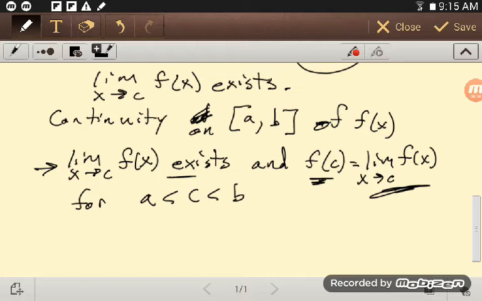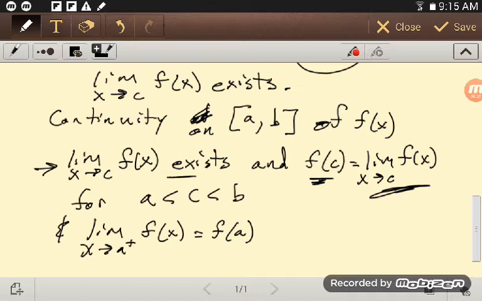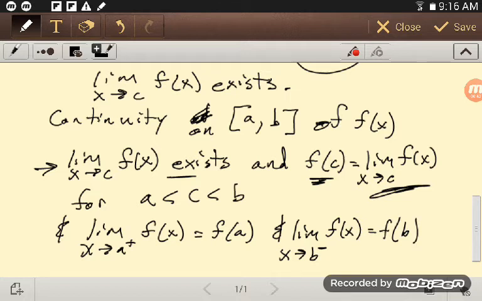So it's continuous in the open interval here, and then at the endpoints, as x goes to a from the right, the limit of f of x equals f at a, and the limit as x goes to b from the left, because that's the right-hand endpoint, of f of x is equal to f at b.